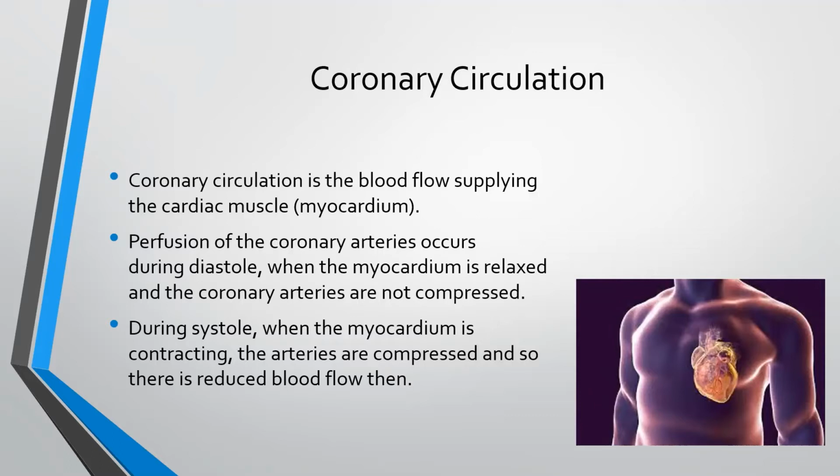This is called diastole, and it occurs during diastole because as the myocardium is relaxed, the coronary arteries are not compressed, are not occluded, so they can fill with blood. Whereas during systole, when the myocardium is contracting and the arteries are compressed, there is reduced blood flow.